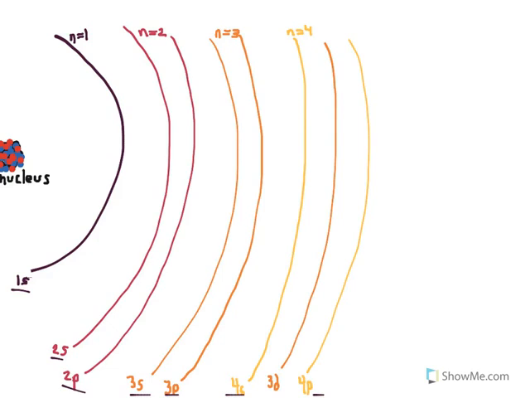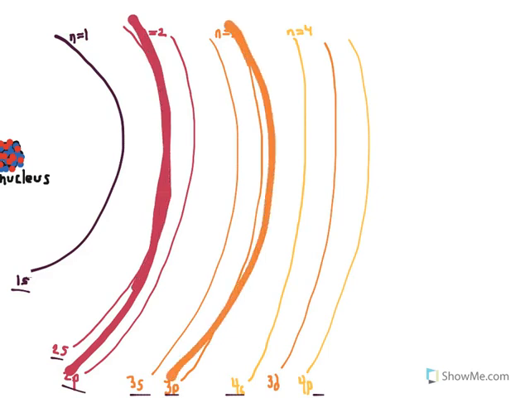Each line does not represent an actual energy level. They're representing all the little sublevels. If we wanted this to look more like a Bohr model that just had one orbit to represent an entire energy level, the second energy level might look something like that, the third energy level might look something like this, and the fourth energy level.